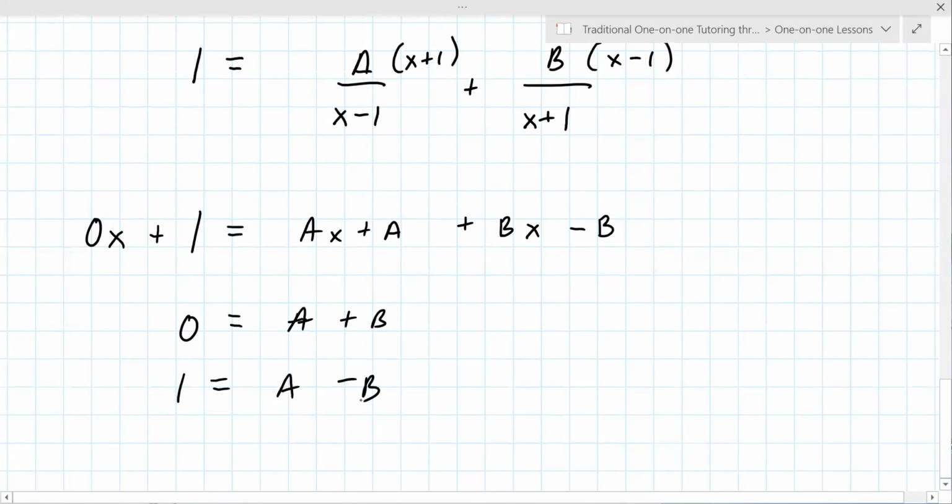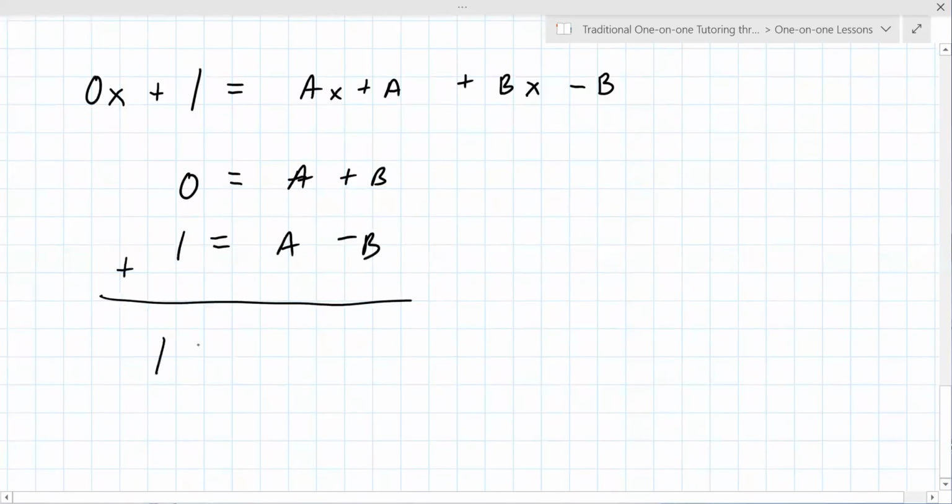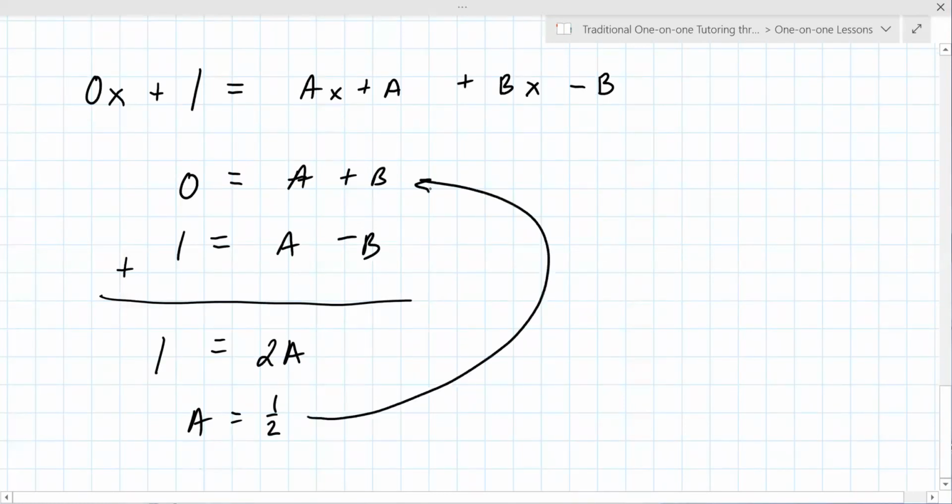You can just add them up, so don't forget about the easy way to solve systems. A is 1/2, and then use that back here. A is equal to minus B, or actually, B equals minus A, which is minus 1/2.